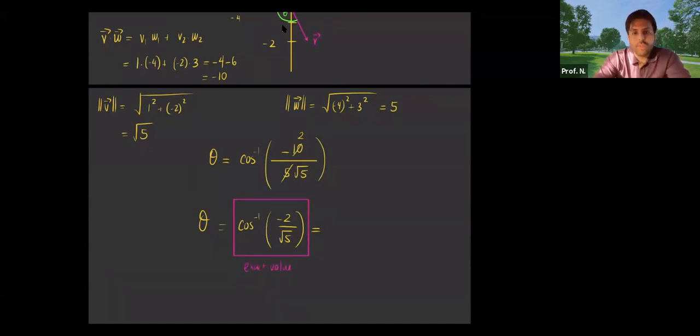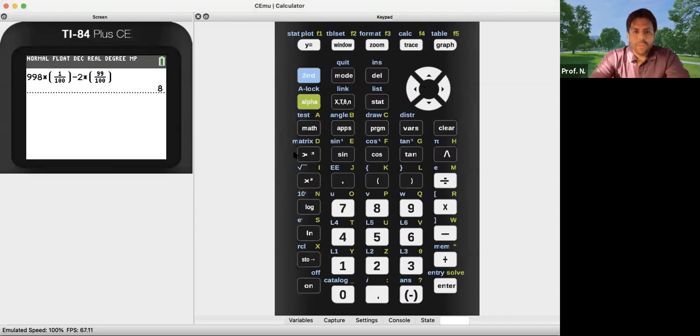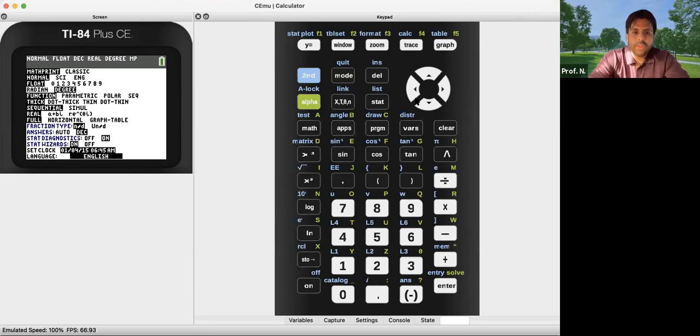Now, what you can do as well is put this in your calculator. Let me show you how to do that. For those of you who have the TI-84, one thing you have to keep in mind about using inverse trig is the mode you're in.